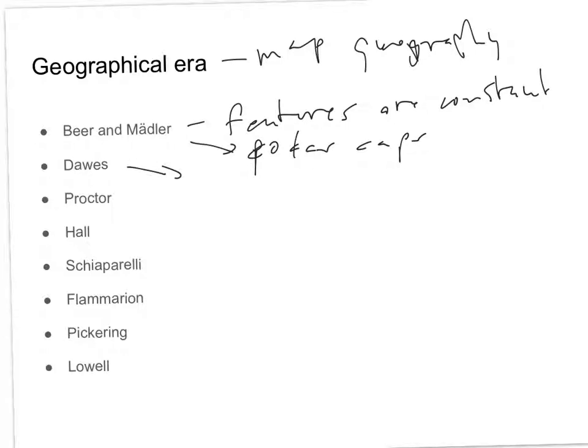Dawes and Proctor kind of related. Dawes in particular drew observations of Mars that took into account different color variations. Proctor, in turn, created a fairly famous map of Mars based on the observations of Dawes and other investigators before.